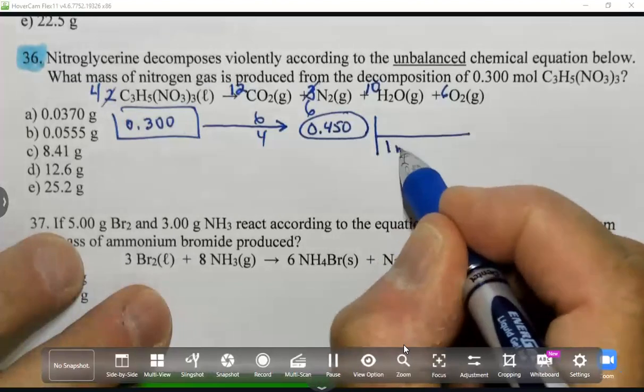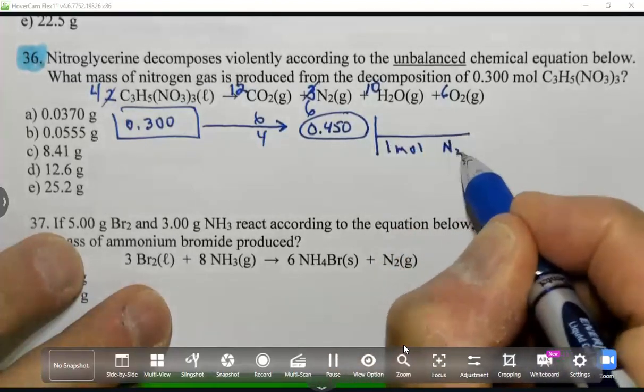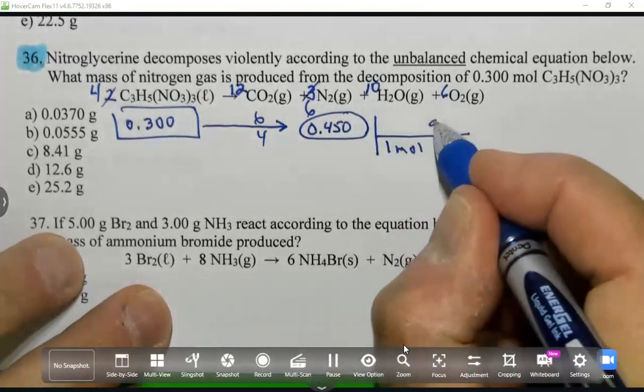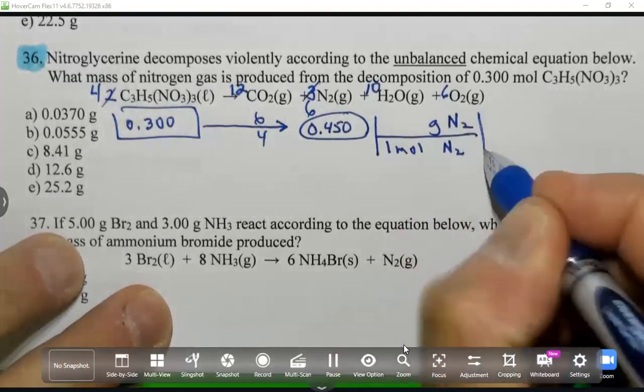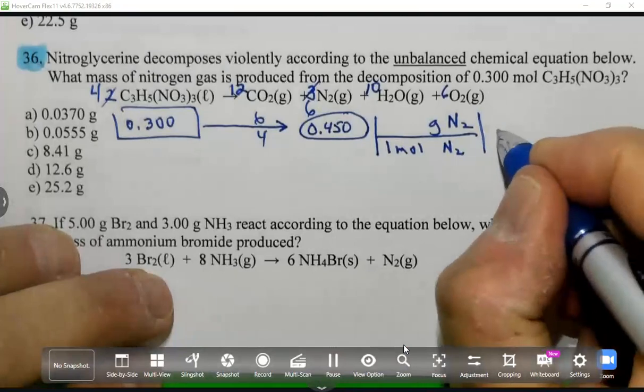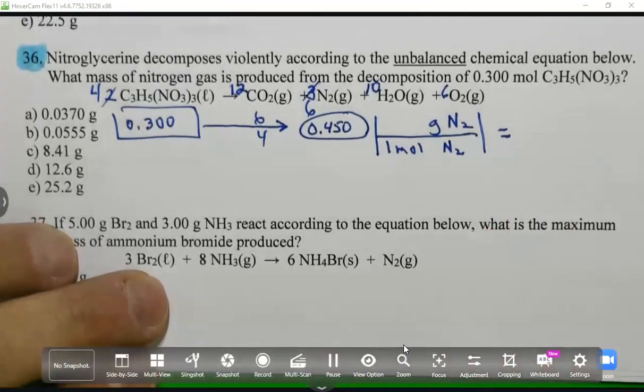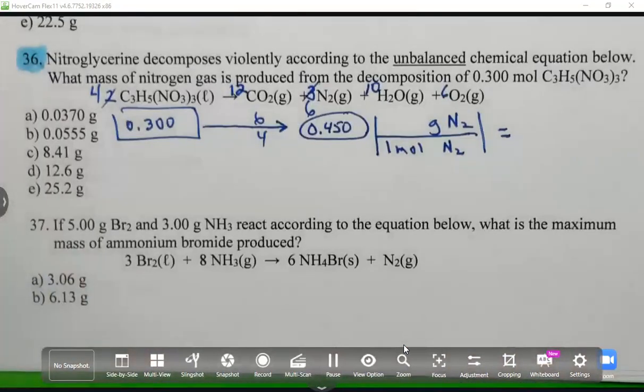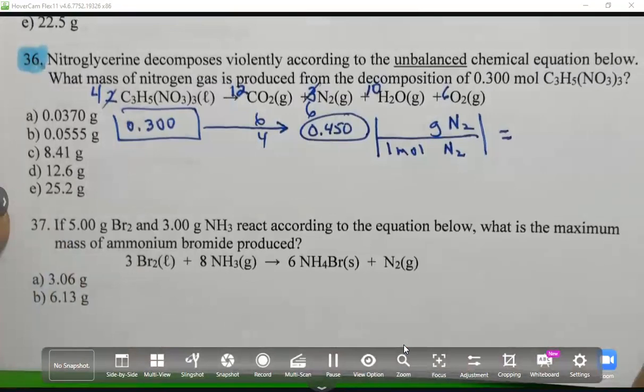And then we have to go 1 mole of nitrogen to grams of nitrogen. Okay, so that's 36. Just ugly to balance. That's ugly. 48.